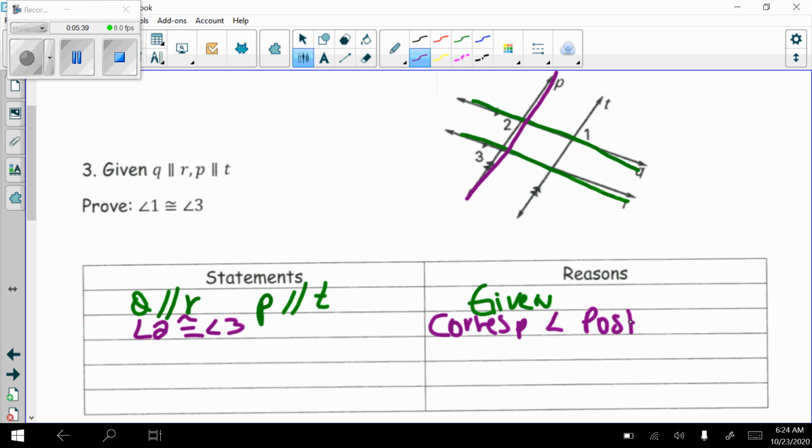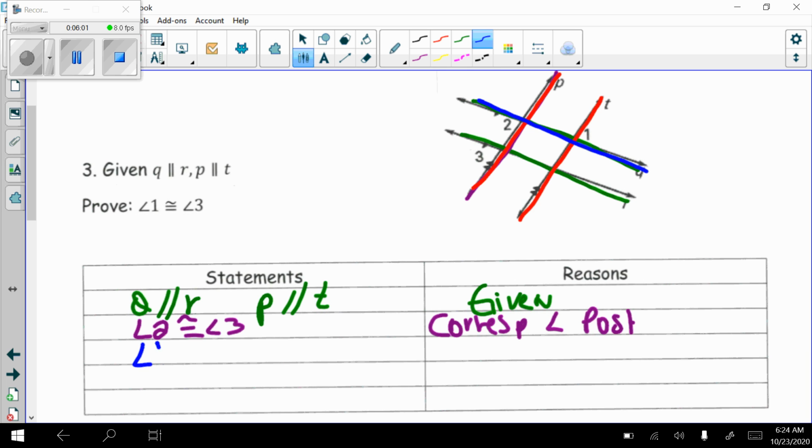Now they told me that P was parallel to T, so that means that Q is my transversal. On that transversal, angle 1 and angle 2 have to be congruent because they're alternate exterior.